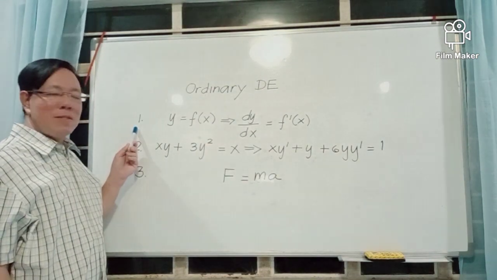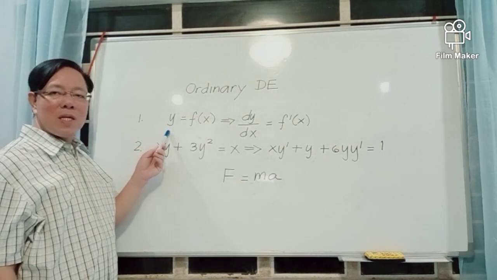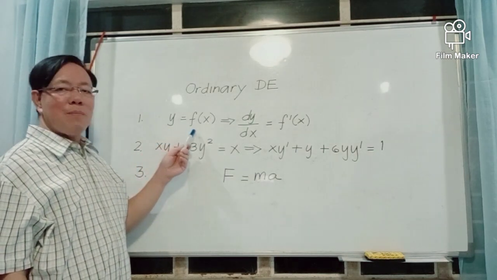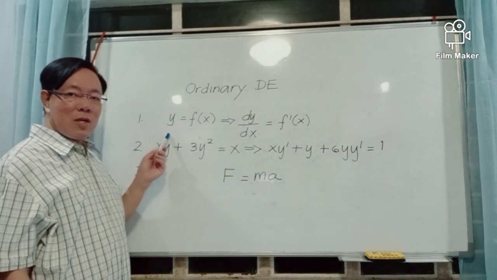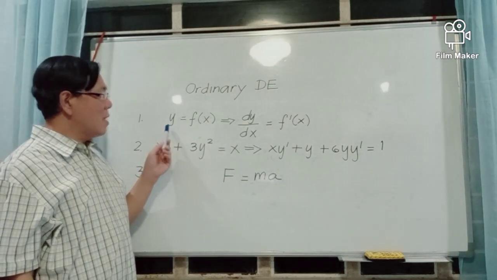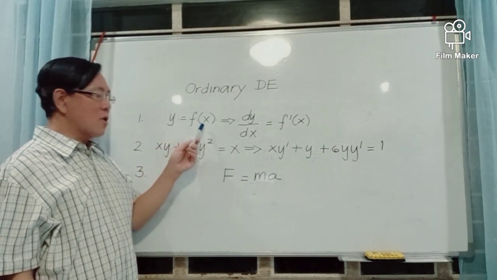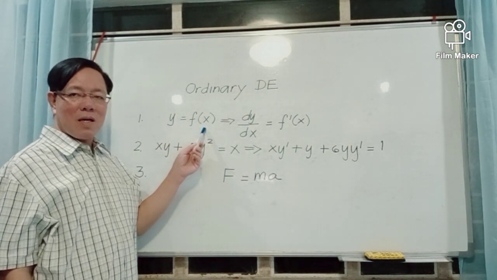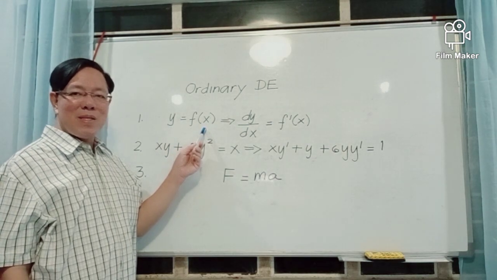Consider number 1. In number 1, we are given y equals f of x. From this notation, we know y is the dependent variable. And the variable y is a function of the independent variable x. There is no other independent variable.